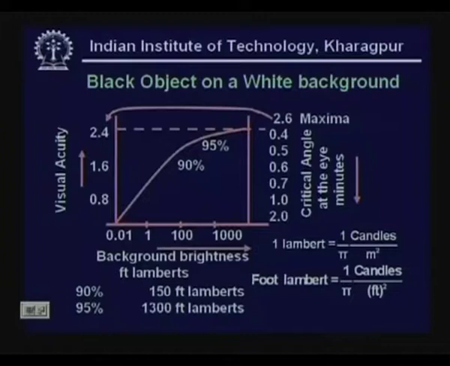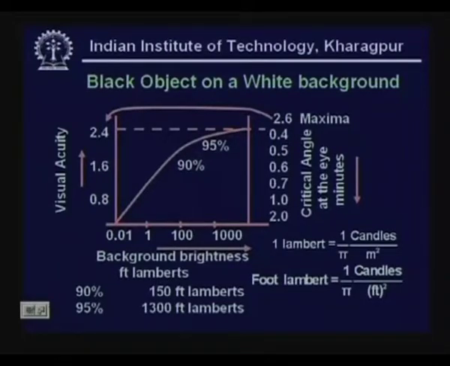What do we observe? We observe that the maximum acuity of 2.6 is around above 1000 foot lamberts, and 95% acuity, 95% of the maxima is coming around 1300 foot lamberts, whereas 90% acuity is possible with 150 foot lamberts.